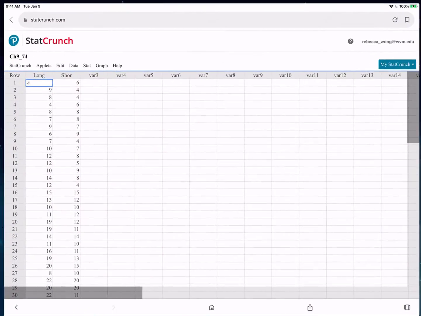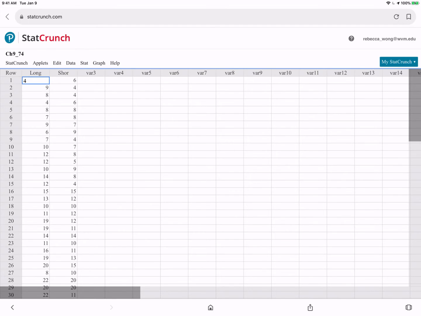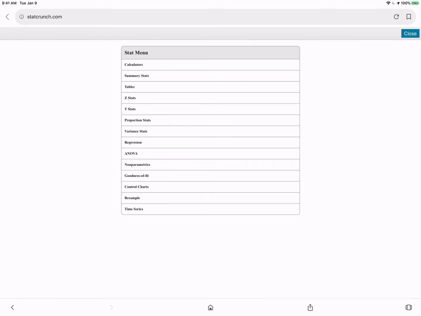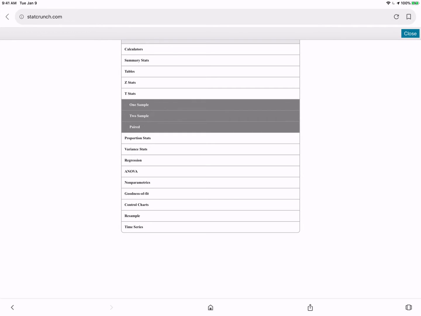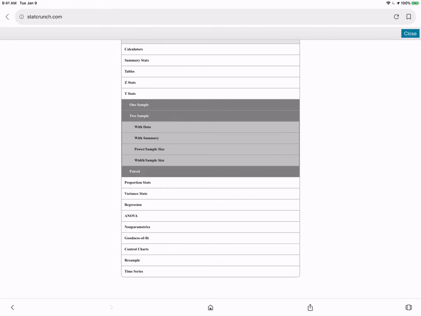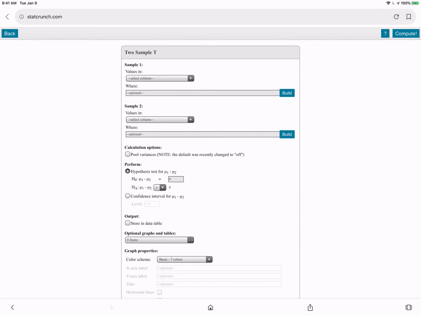Okay. So here's the data. You can see I brought it up here. We're going to come here to Stat, T Stats. We have two samples, and we have data. For the values in the first group, we'll make the first group the longboards and the second group the shortboards.